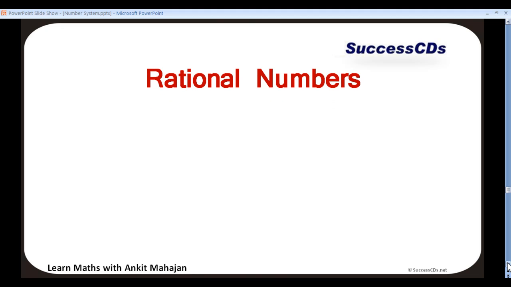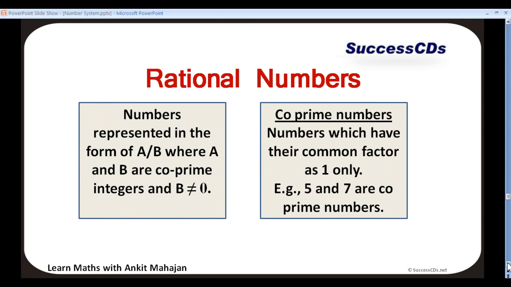Next we come to a very important number called rational numbers. Numbers are represented in the form of A upon B, where A and B are co-prime integers and B is never equal to 0. Now let's try to understand what are co-prime integers.